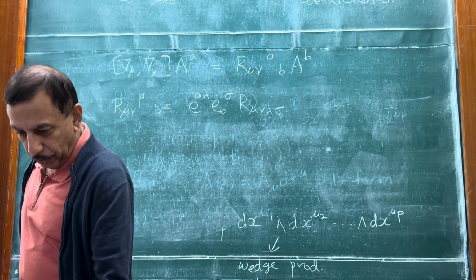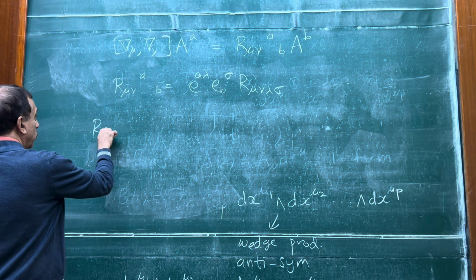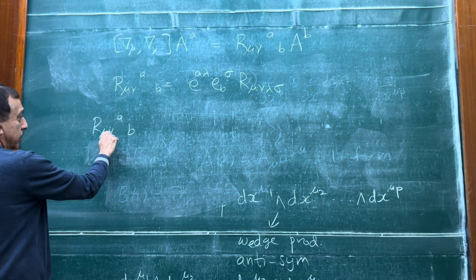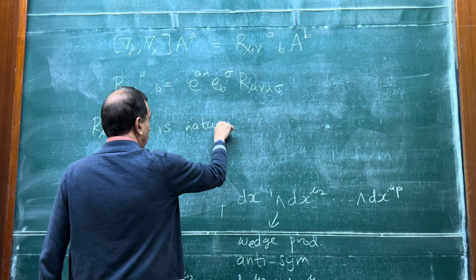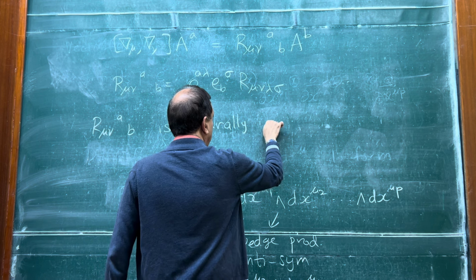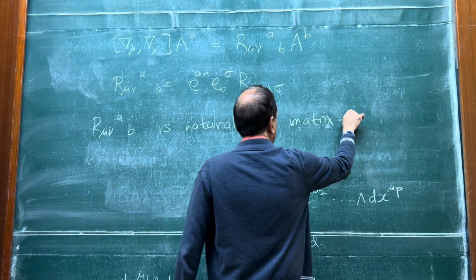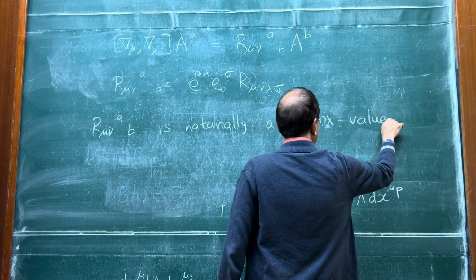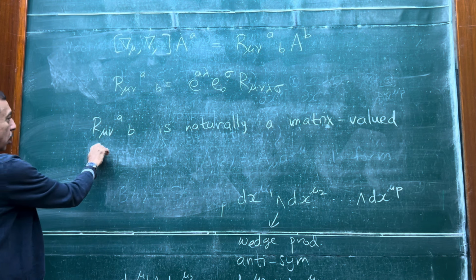Okay, that's one observation. Another observation: R_{mu nu}^{AB} being antisymmetric in two indices is naturally a matrix valued two form. So we basically try to make this property a virtue.